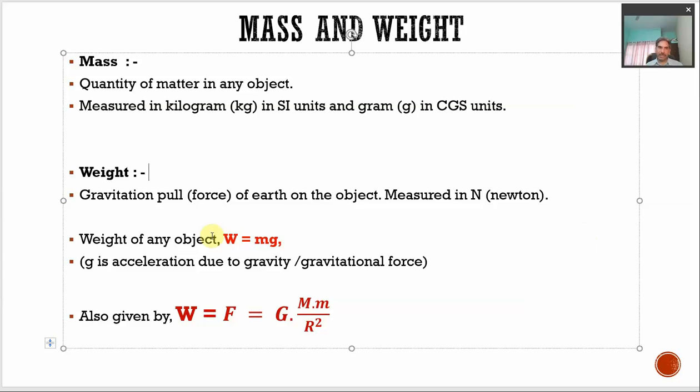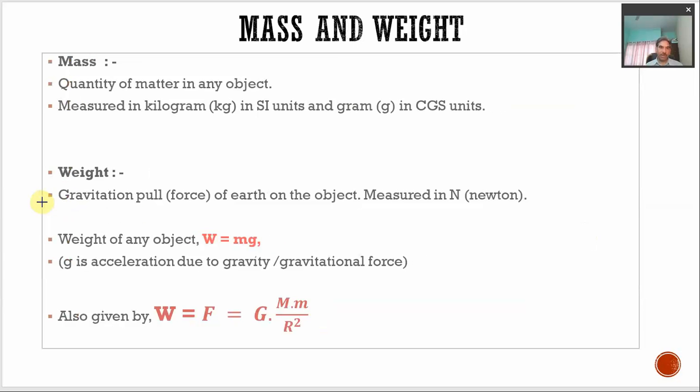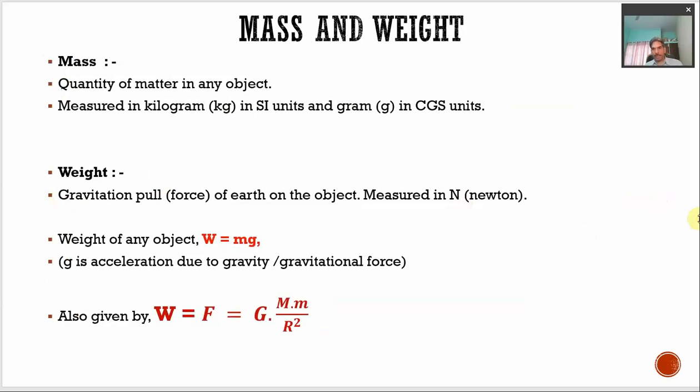So weight of any object depends upon the mass, but it is not the mass. Most of the time students make this kind of mistake. They take the mass to be the weight and the weight to be the mass, right? That is not correct. Mass is different. It is the quantity of matter measured in kilograms or grams, whereas weight is the force. It is the gravitational pull or force of the earth on the object.